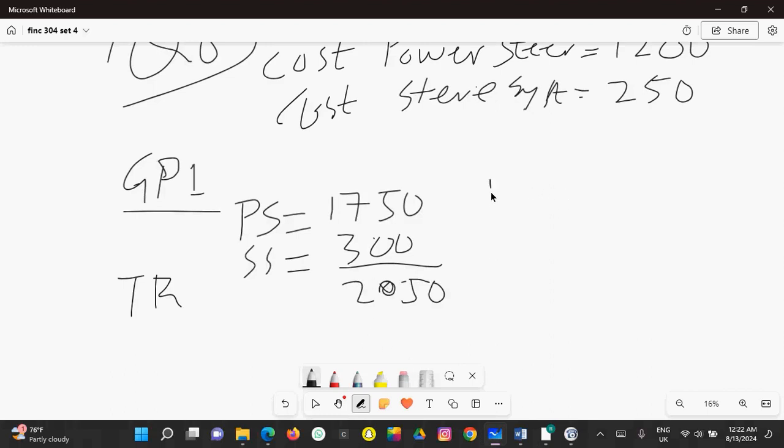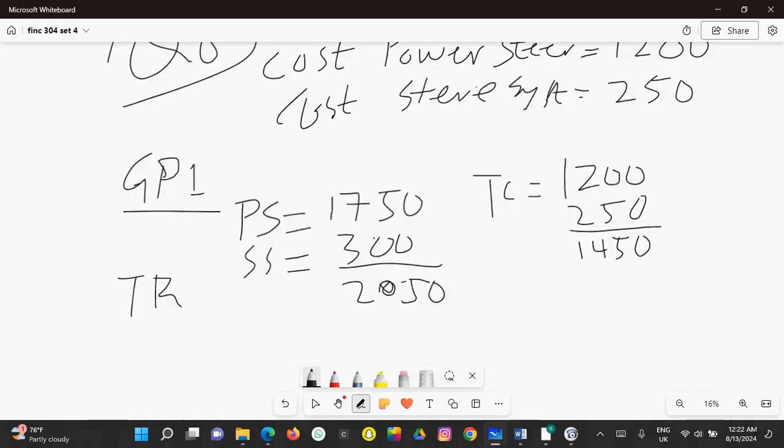Now, total cost is also going to be 1,200 and 250 respectively. We are going to get 1,450.